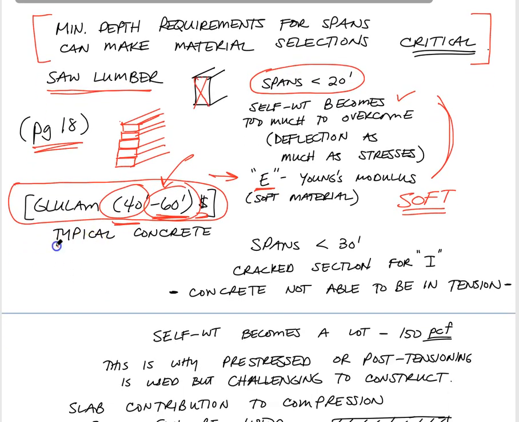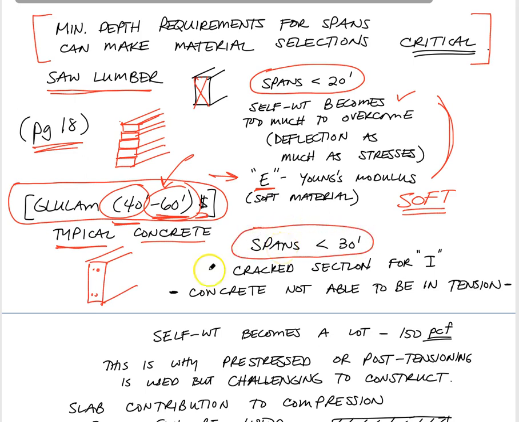So typical concrete, and when I say typical concrete, I mean solid beams. You'd obviously have some rebar top and bottom in the tension zone. With concrete, you get a little bit longer span, about 30 feet.